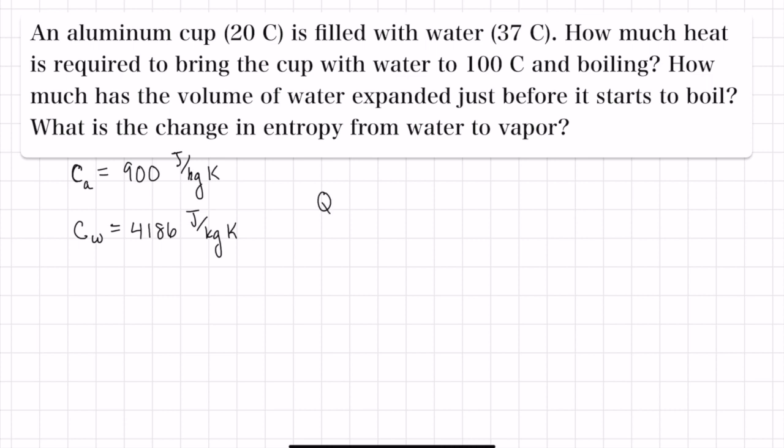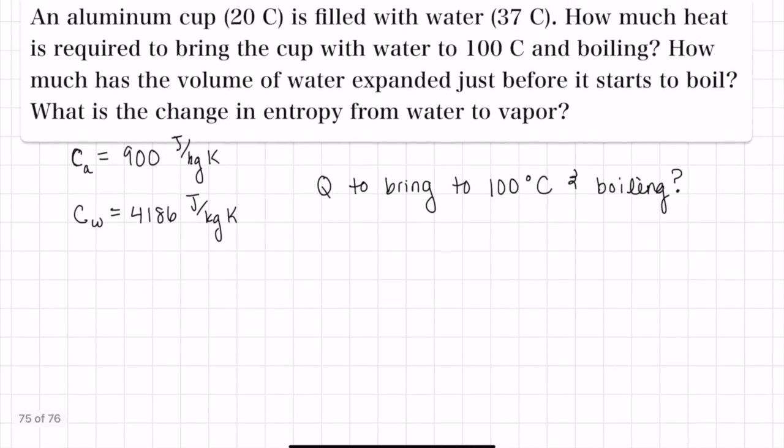So Q. We'll have a couple heats here. Our Q total is going to be the heat to raise the aluminum cup to 100 degrees, plus the heat to bring the water to 100 degrees.